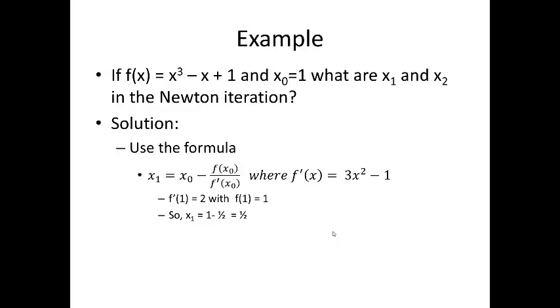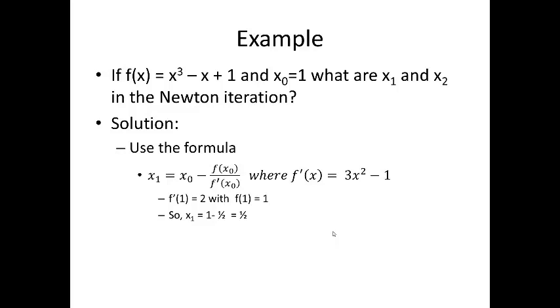That's our formula, and for f prime we take the first derivative: bring down that 3 and lower the exponent by 1, 3x squared, and the derivative of minus x is minus 1, the derivative of 1 is 0, so the final derivative is f prime of x is 3x squared minus 1. So we can evaluate f prime of 1, which is 3 minus 1, 2, and f of 1 is 1 minus 1 plus 1, which is 1. So x1 is 1 minus 1 over 2, which is 1/2.